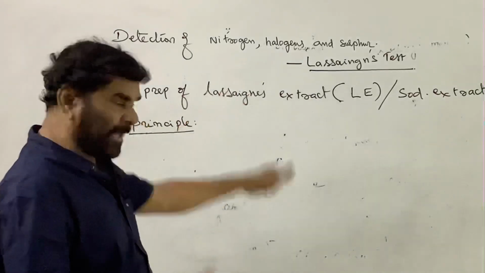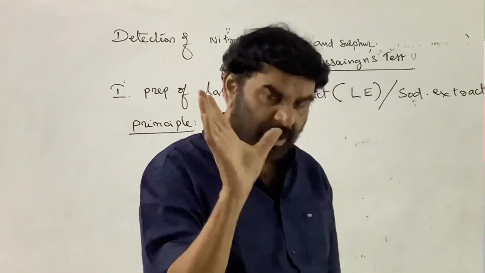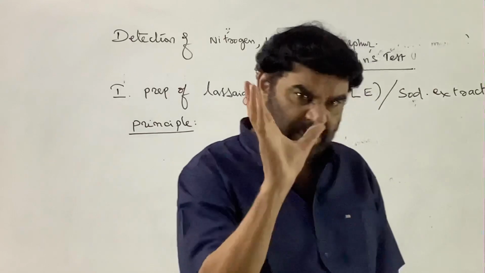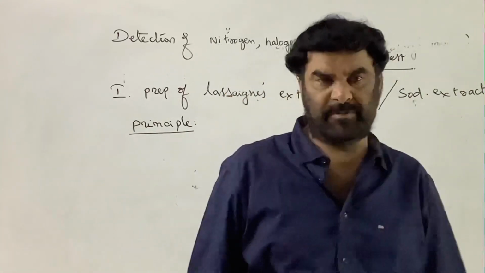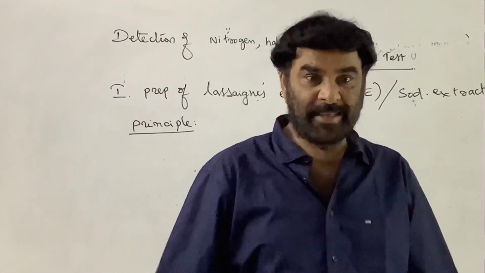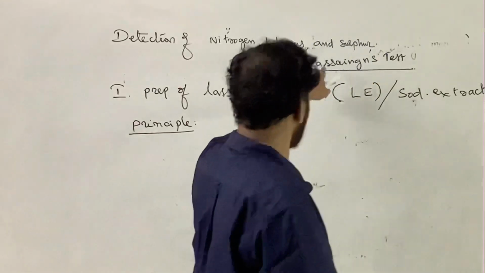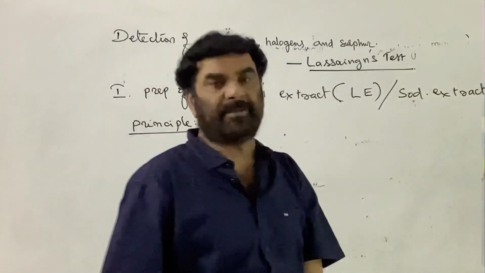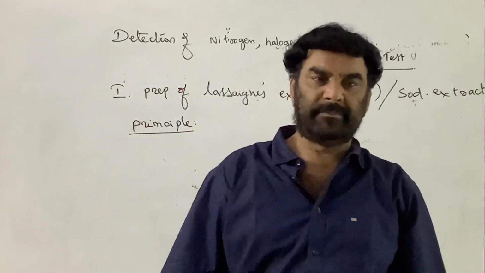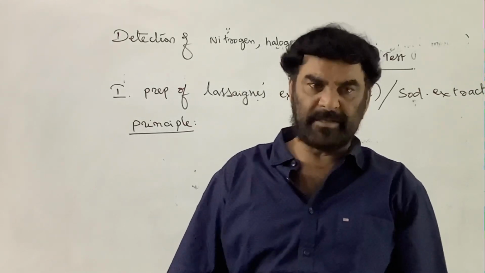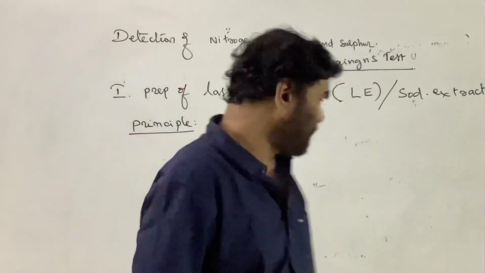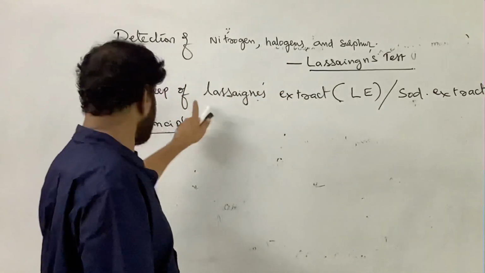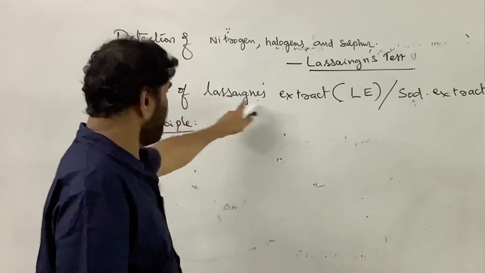So for that, a chemical procedure is used to convert into the ionic form. A specific chemical procedure is used. That specific chemical procedure is called the Lassaigne's test.